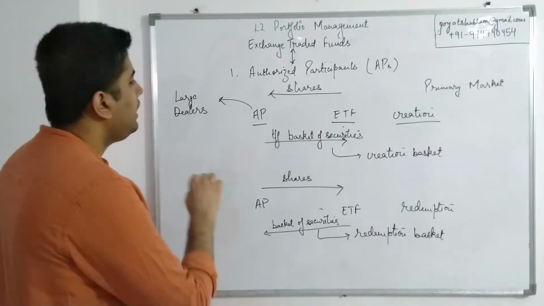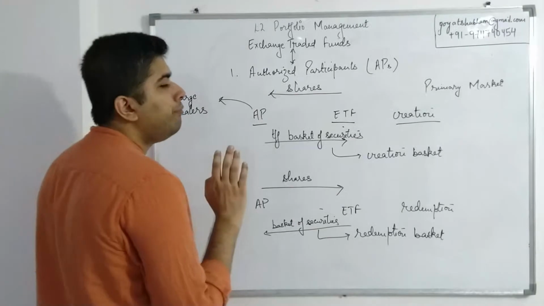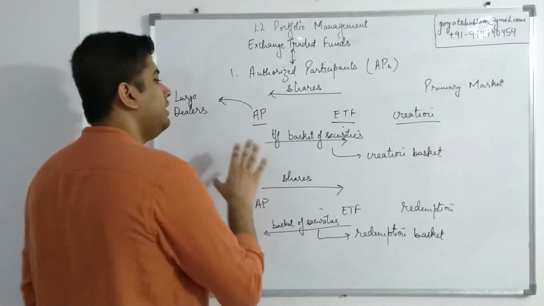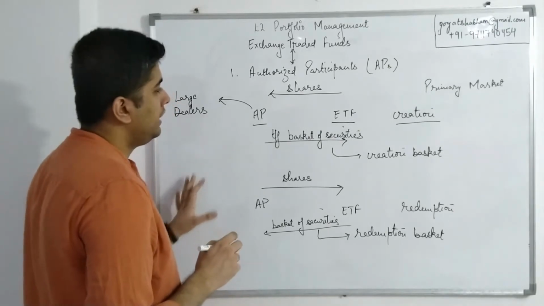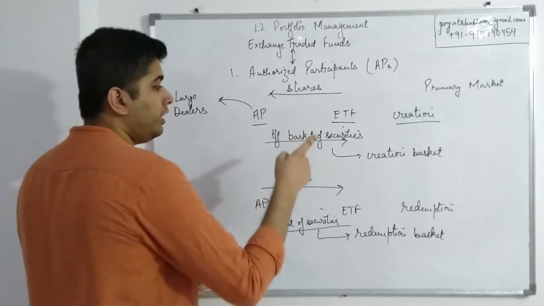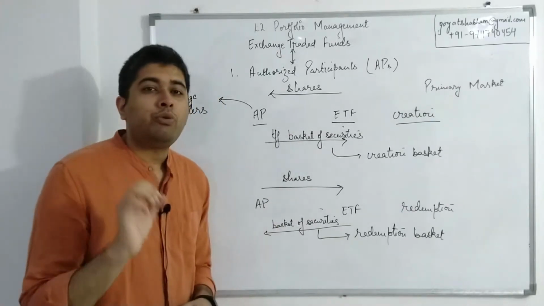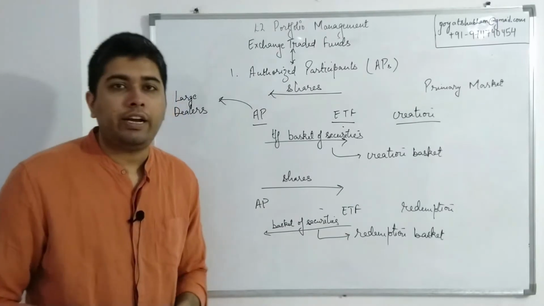Now, in all of this, there are some benefits to having this particular structure. If you notice carefully, in the transaction between AP and ETF, both creation and redemption, at no point have they exchanged cash. Both the transactions are in kind.